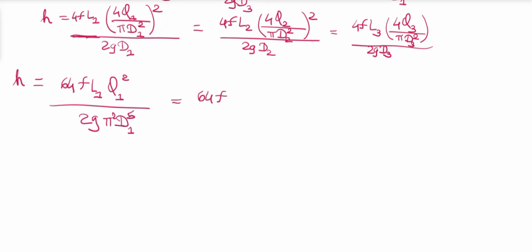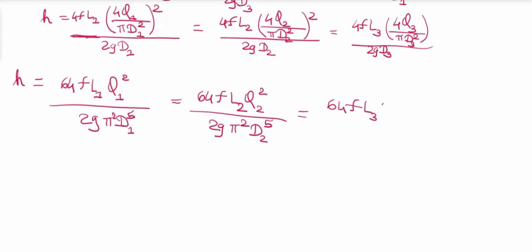So denominator will be 2g pi square d1 raised to 5. Same way here, 64 f L2 Q2 square upon 2g pi square d2 raised to 5. Firstly we'll write this and then we'll make it separate. 64 f L3 Q3 square upon 2g pi square d3 raised to 5.